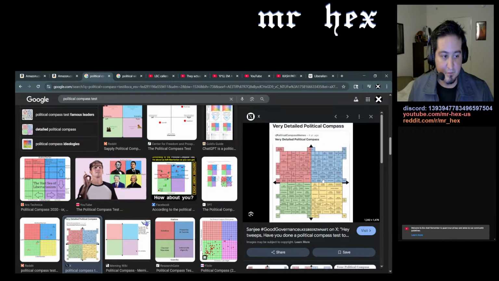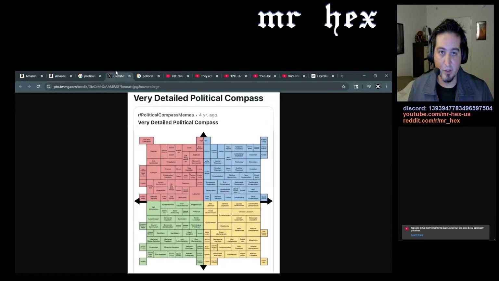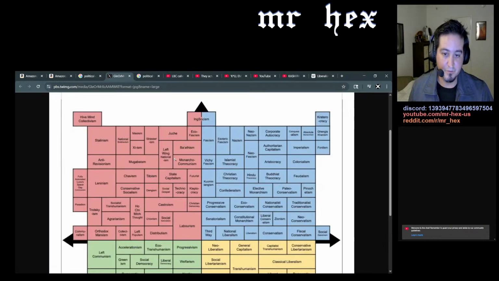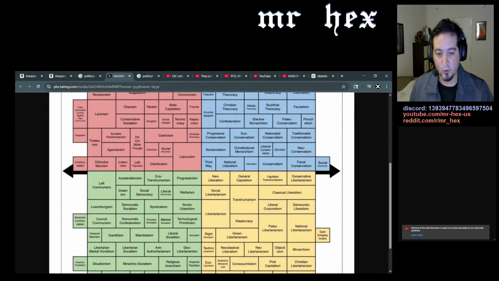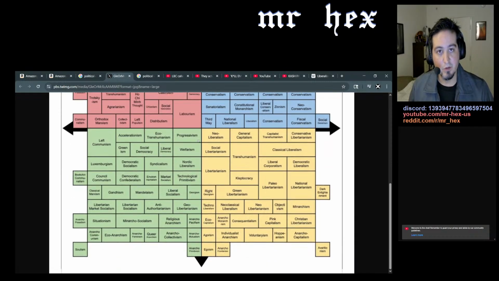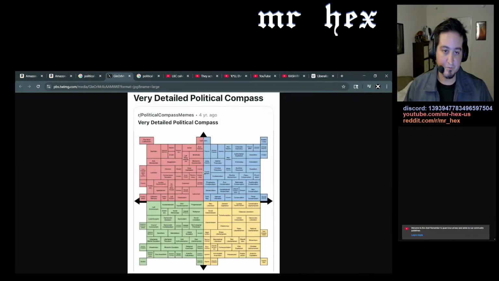And I would take these, by the way, with a huge grain of salt whenever you see them broken up like this. You'll find a million different versions of these kind of political compasses with people putting boxes in different areas. So, for example, progressivism might be here, someone else might consider it to be over here. But the point I'm making is, in this model, you have a social axis, and on the bottom end is libertarianism, and on the top end is authoritarianism.